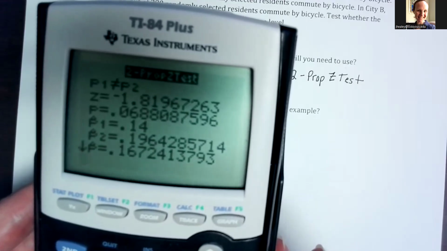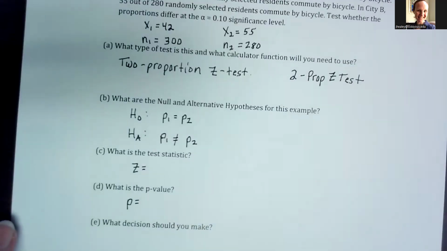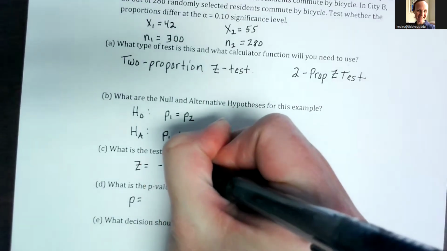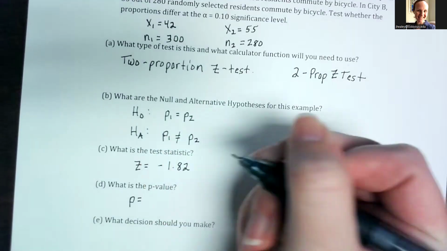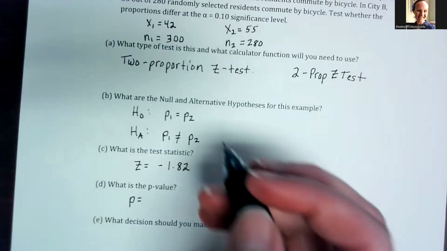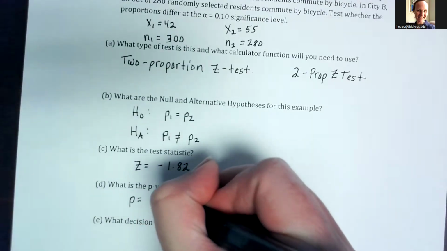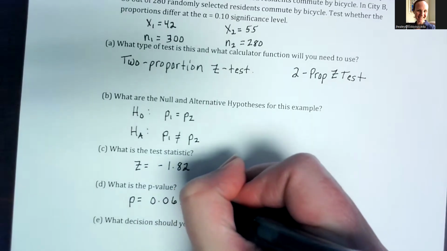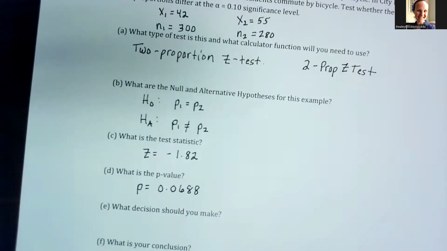Okay, so we've got our Z, which is negative 1.82 approximately. And then our p-value is 0.0688 if I stop there. Okay.